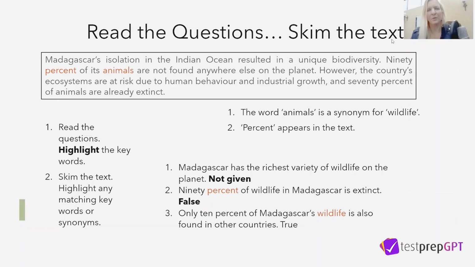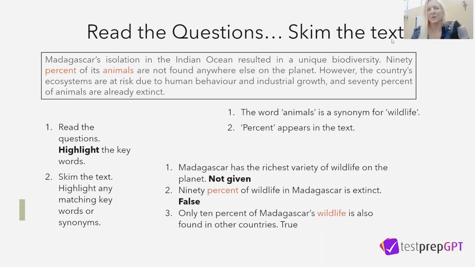So we're going to start by reading the questions, all right? So number 1, Madagascar has the richest variety of wildlife on the planet. Number 2, 90% of wildlife in Madagascar is extinct. Number 3, only 10% of Madagascar's wildlife is also found in other countries.